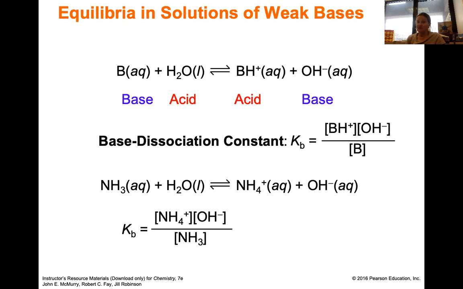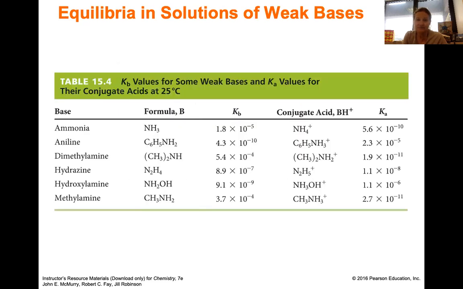We'll give it the subscript B because it's for a weak base dissociating in water. Something like ammonia we talked about earlier, when it reacts with water, you make the ammonium cation and leave behind OH minus. So the Kb expression would be the ammonium cation concentration times the OH minus concentration divided by the ammonia concentration.